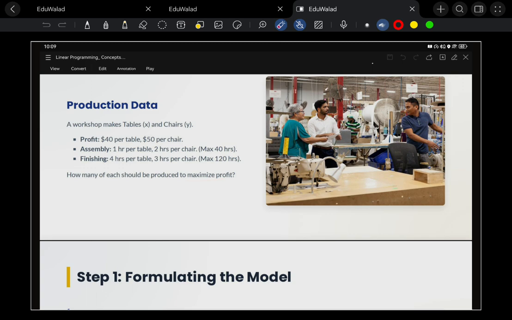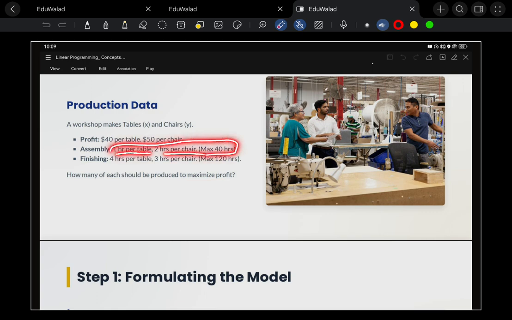A workshop makes tables x and chairs y, and profit per table is $40 and $50 per chair. This is our objective function. Now for the assembly, 1 hour per table and 2 hours per chair, maximum 40 hours.